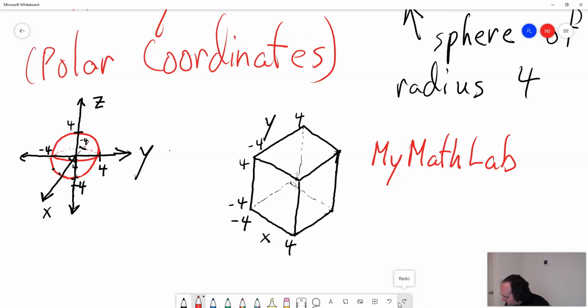Okay, so we're going to have a sphere. Let me see if I can draw a little bit better than that. Okay, so that's the horizontal part of the sphere, and then the vertical part of the sphere is going to go through the very middle up here, and the very middle of the square on the top and the bottom.